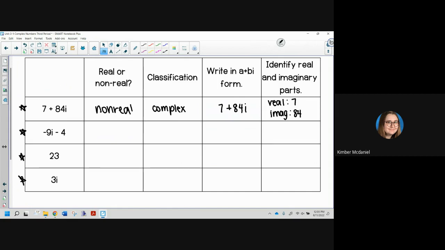Okay, let's keep going. The next expression that we have is negative 9i minus 4. Again, the thing that you were looking for is the I, so this would be non-real. Again, it has both parts, so it would be complex.